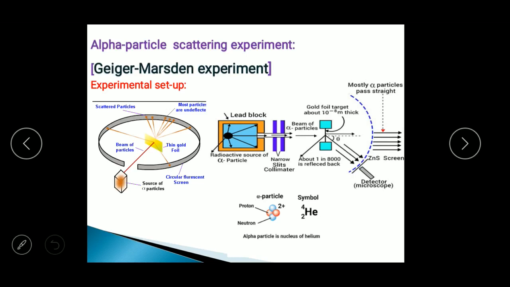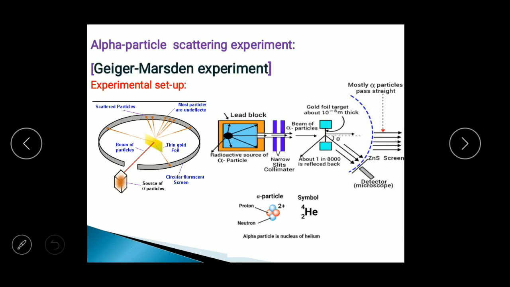Its mass is 4 times the mass of the proton.